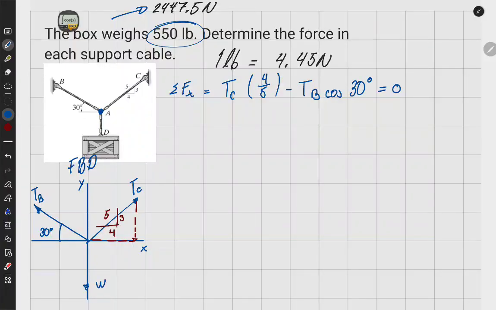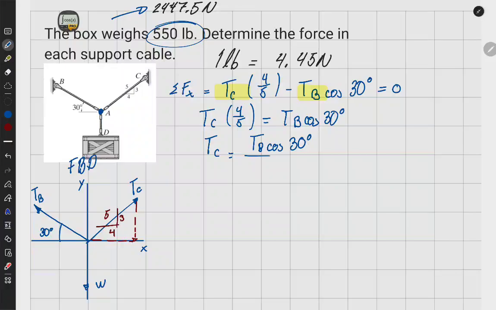Then you can clear the equation to find TC or TB. So TC times 4/5 equals TB cosine of 30 degrees. So TC equals TB cosine 30 degrees over 4/5.